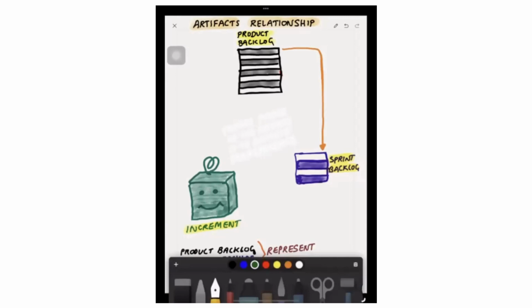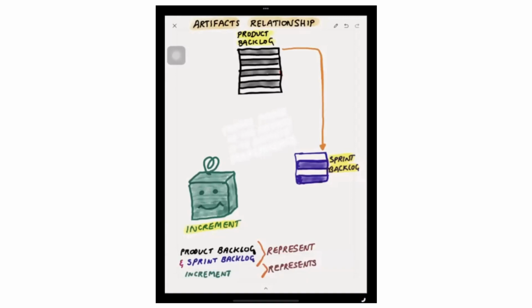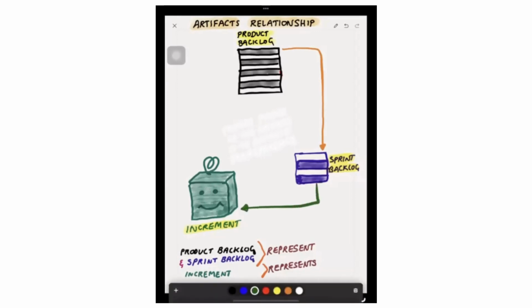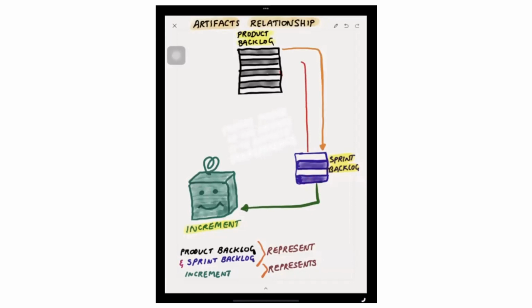Throughout the sprint, any item within the sprint backlog that satisfies the definition of done will be eligible to become part of the increment. By the end of the sprint, if any item in the sprint backlog does not meet the definition of done, it is taken back to the product backlog according to the priority decided by the product owner.